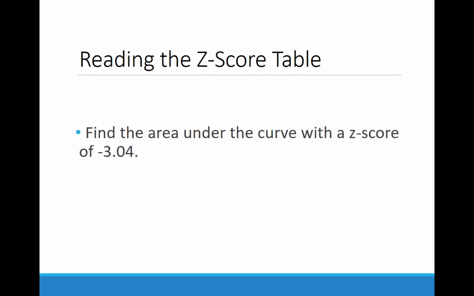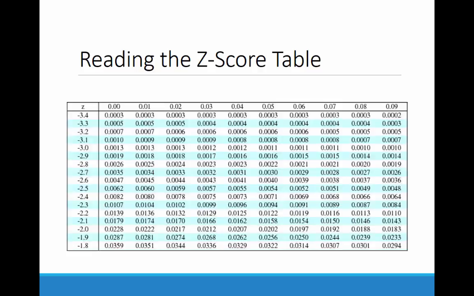Let's take a look at another example. Find the area under the curve with a z-score of negative 3.04. Once again, we begin by finding negative 3.0 and then slide over our columns to the hundredths position of 0.04.